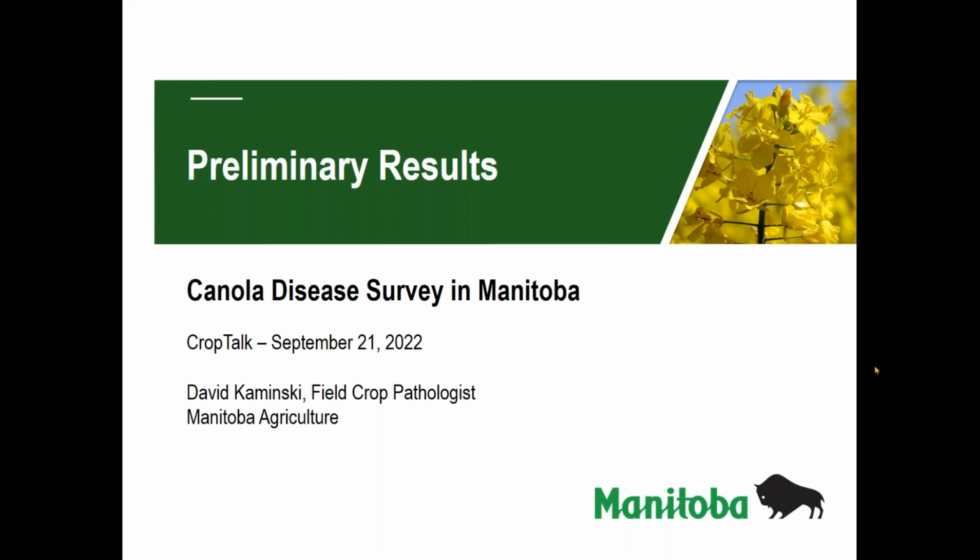I've also had a call from a producer and another agronomist who said they had seen some high levels in a particular field, especially where the rotation was quite tight, and they're wondering about the status of this disease.